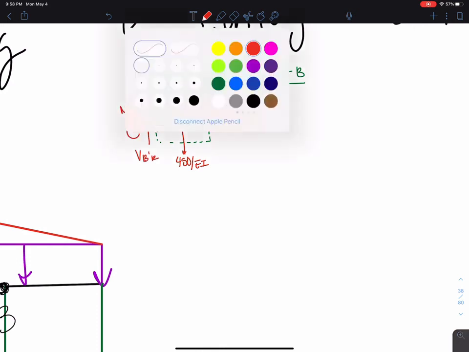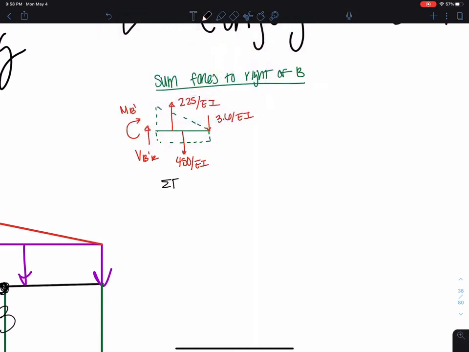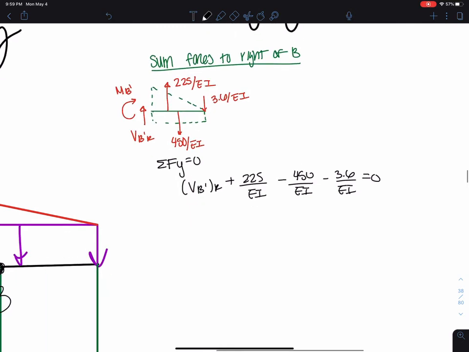And now I can sum these forces, and I can say VB prime R plus 225 over EI minus 450 over EI minus 3.6 over EI equals 0. And now I can solve for this theta value.